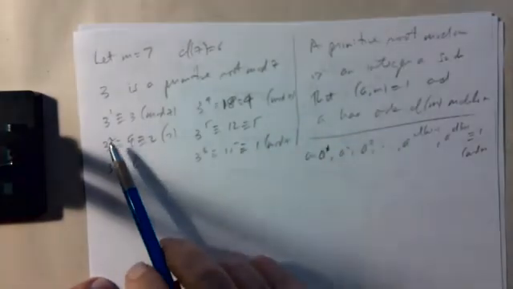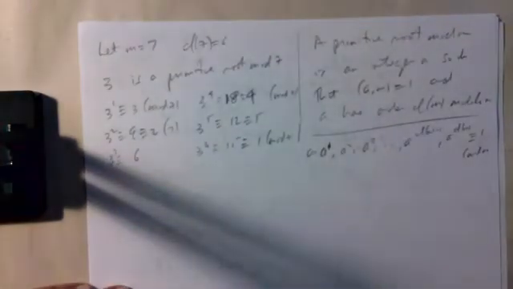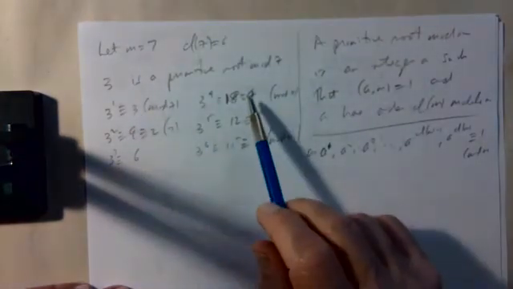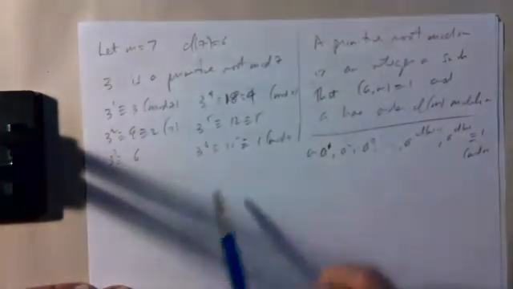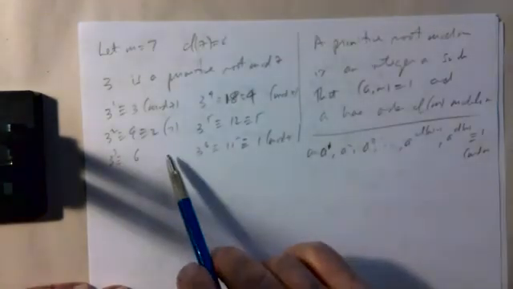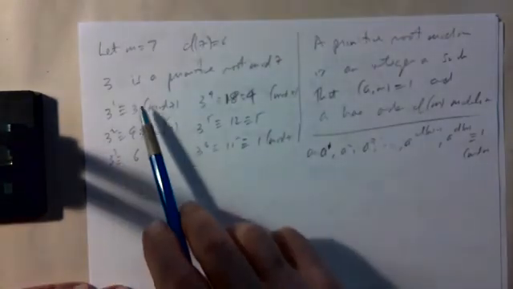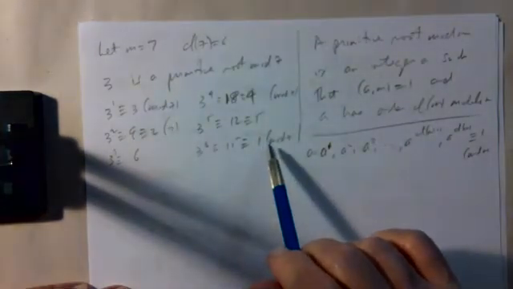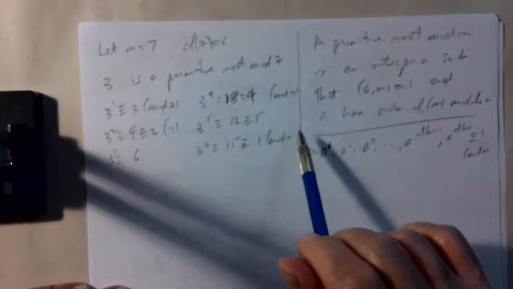So as we take higher and higher powers of 3, the powers are 3, 9, 27, 81, 243, 729. But when you reduce mod 7, you get 3, 2, 6, 4, 5, 1. That is, you have all the integers 1, 2, 3, 4, 5, 6.